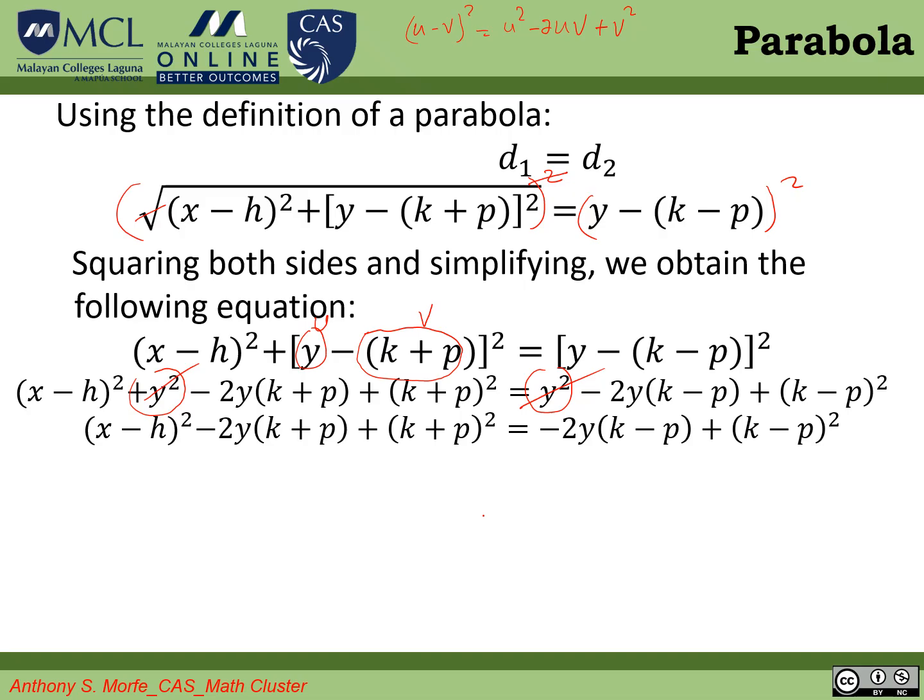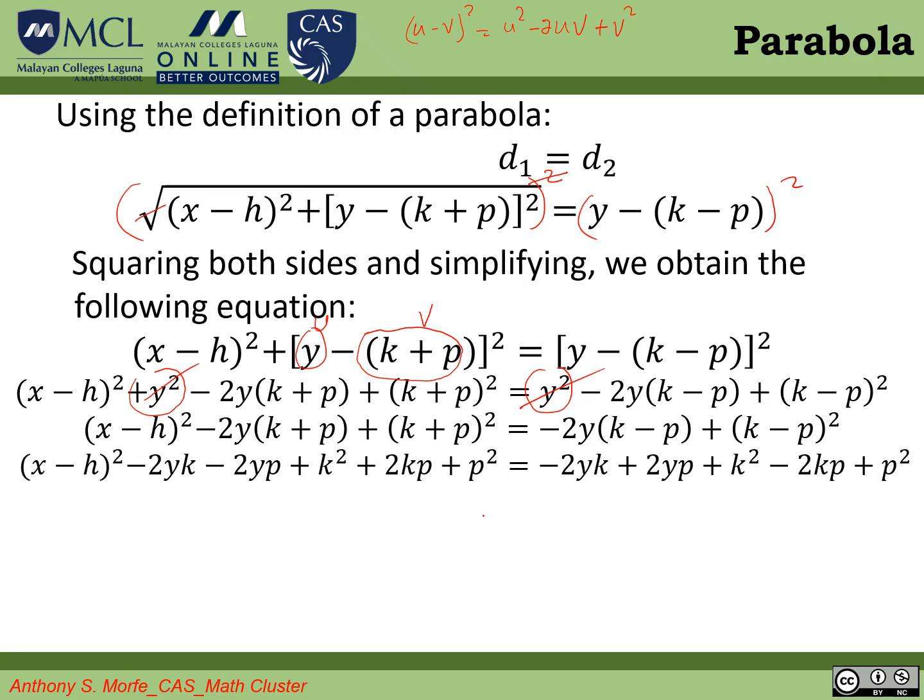Okay, so we have x minus h squared. What is left is this one here, then plus this one, and then when you expand or distribute, we distribute the 2y here, so we get this, and this one also.